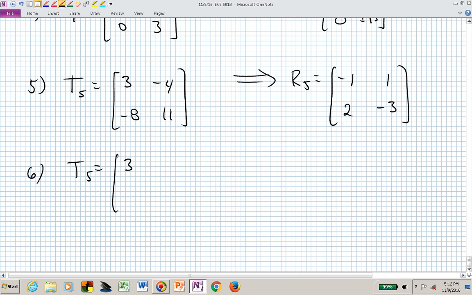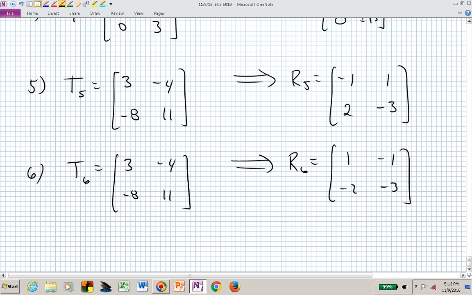How about if I have T sub 6? Already given it away. T sub 6 is now actually the same as T sub 5. But R sub 6 is different.